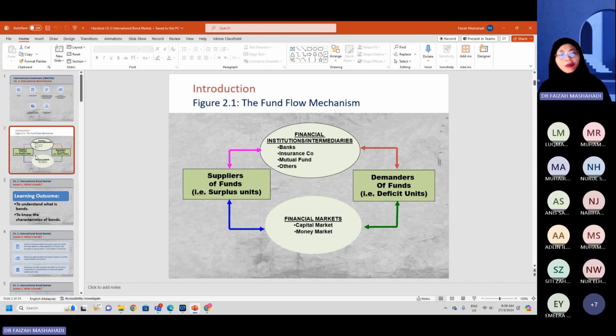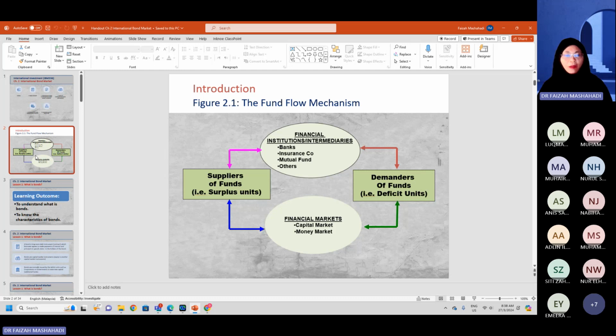So we have two types of intermediaries. The first one is the financial institutions or financial intermediaries, which consist of banks and insurance companies. The second one is the financial markets, which consist of the markets that issue long-term paper and the markets that issue short-term paper. Now we are talking about bonds.